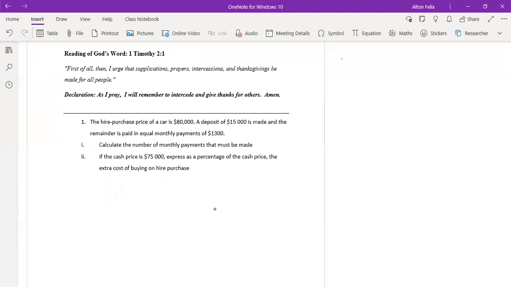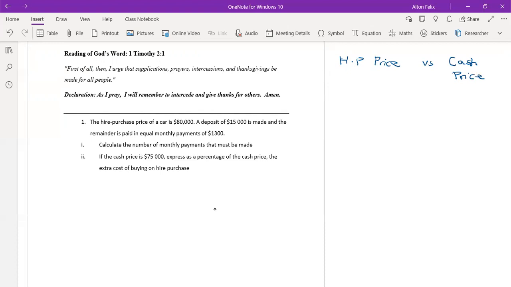There's a difference between the hire purchase, which I'll call HP for short, the hire purchase price, and the cash price. Usually when you pay in cash, it will be cheaper. Whatever you are buying, the item will be cheaper.